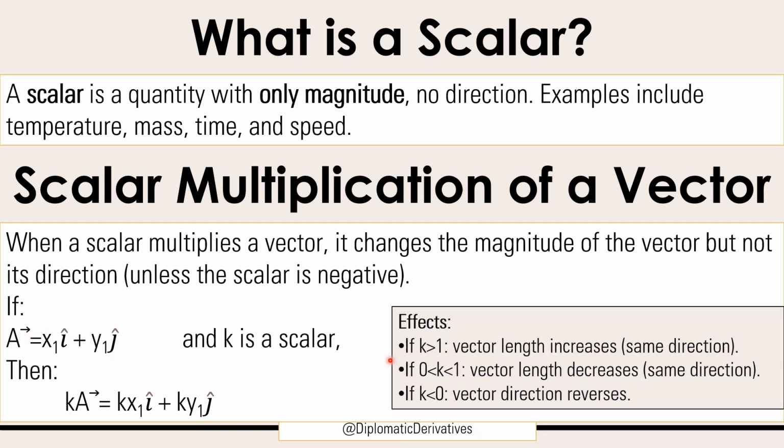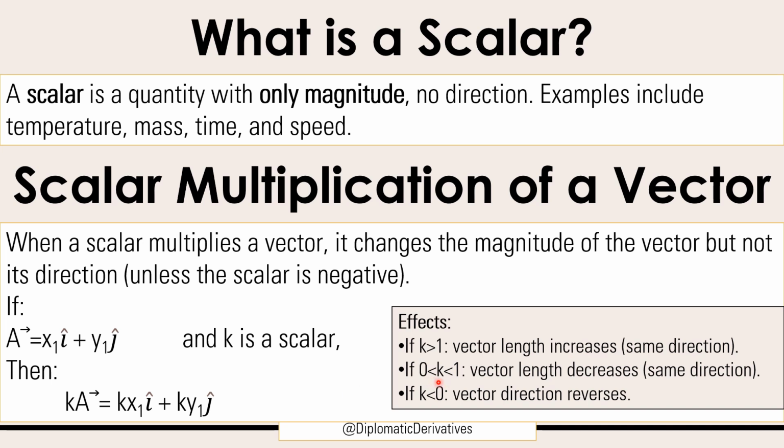Also, the effects. If k is greater than 1, the vector length increases in the same direction. So if we have k, for example, 2, the vector will be double its size. If k is 3, it triples its size. The vector magnitude increases, the length of the vector increases in the same direction.